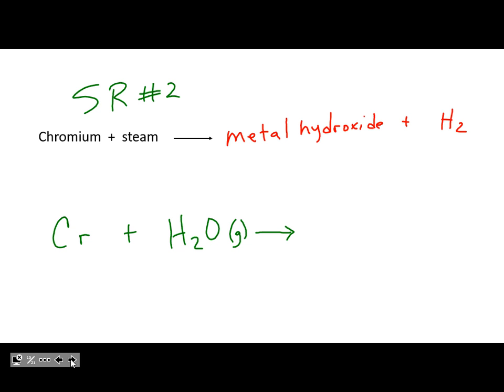Remember, hydrogen's a super 7, so that's going to be diatomic. Well, I know what my metal is. My metal is chromium. So it's going to give me chromium hydroxide and hydrogen.